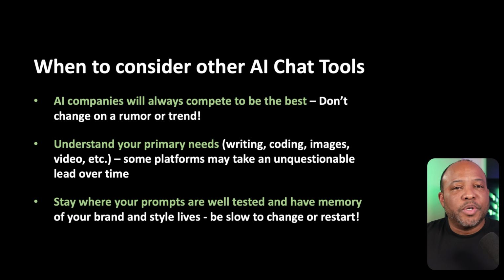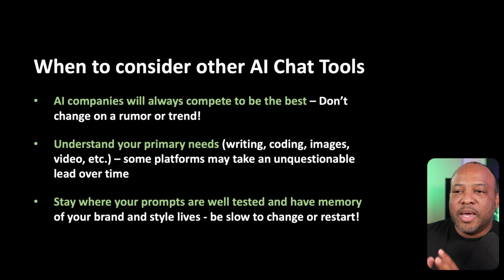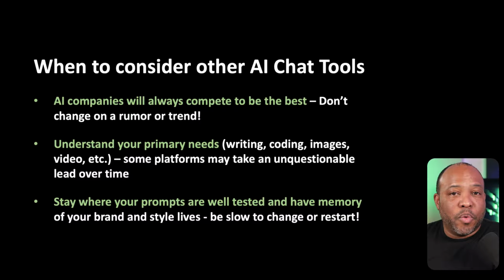And so also you want to stay where your prompts are well tested and where you have memory. So for example, I showed you in the earlier lesson that we have such deep memory in our OpenAI ChatGPT instance that memory serves us better than starting new in another platform.